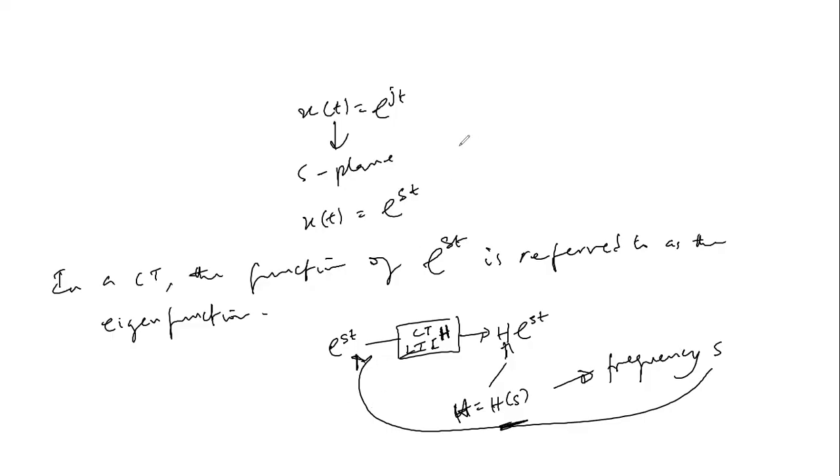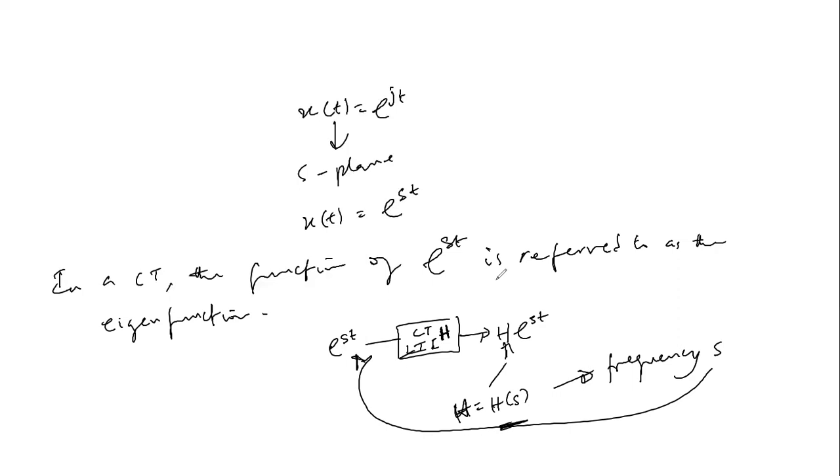And once the input signal is multiplied by a complex number, the magnitude and the phase of that signal is altered.